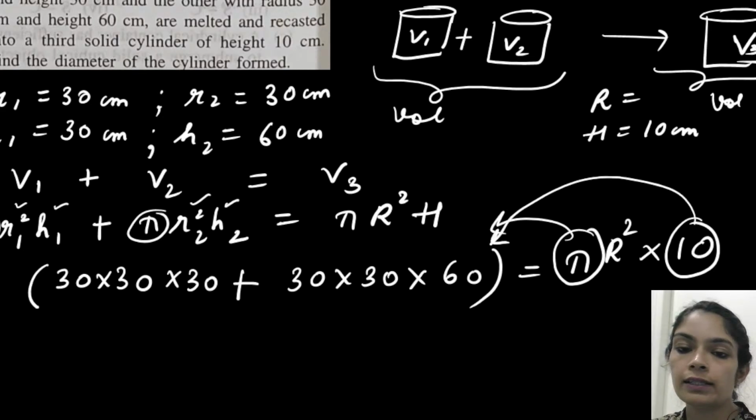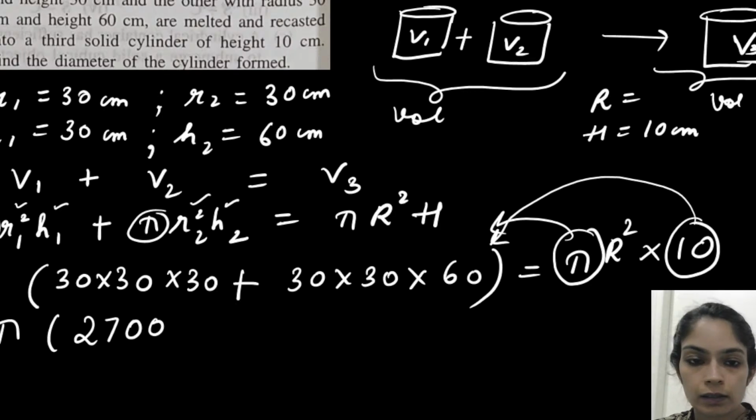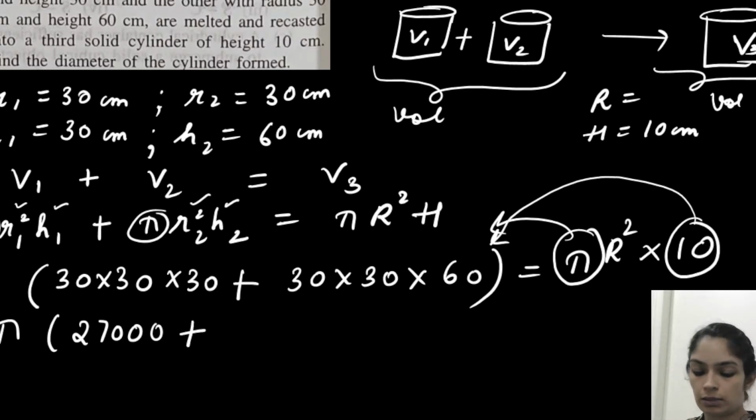Let's see, 27,000 plus, just multiply this and tell me. R is also common. Yes, we can do so.